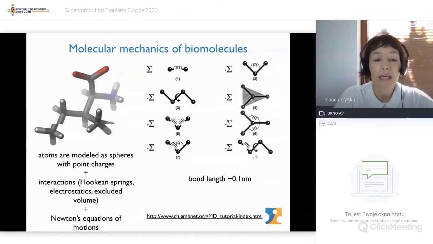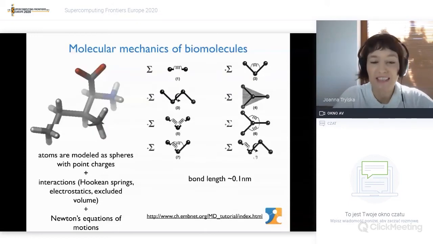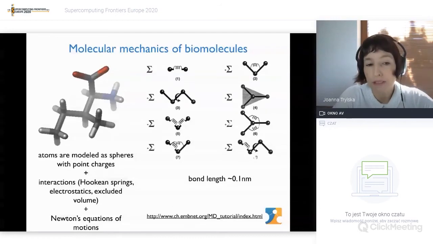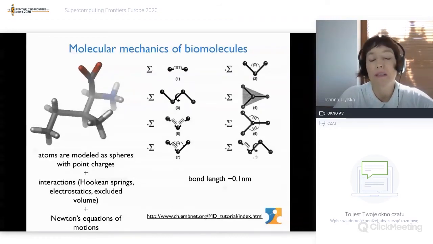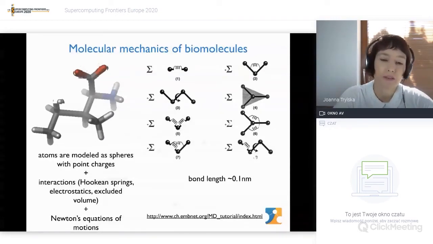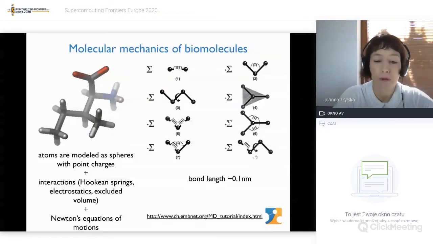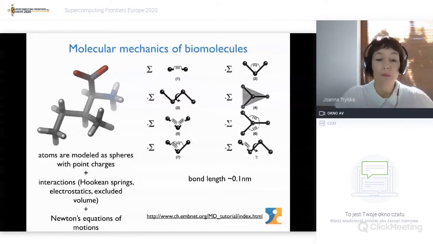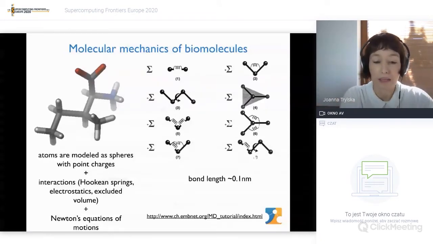We assume that atoms are point charges, point interacting centers that interact via Hookean harmonic springs. We also account for electrostatics and the volume of each atom. And based on this simple model, we define the energy function.